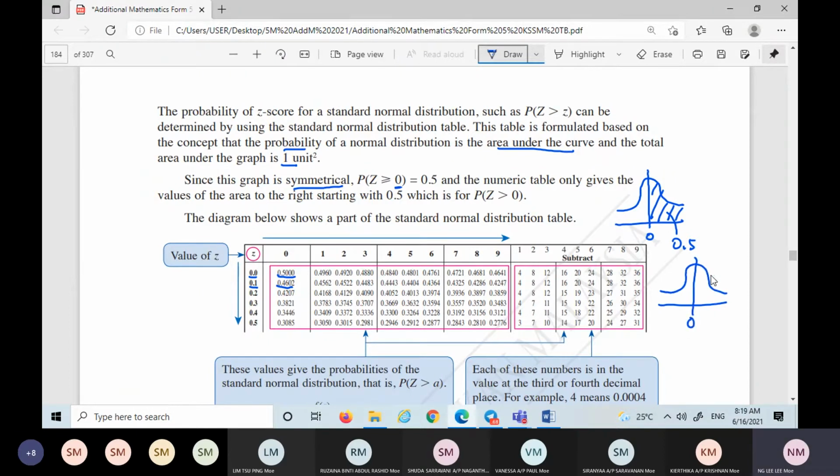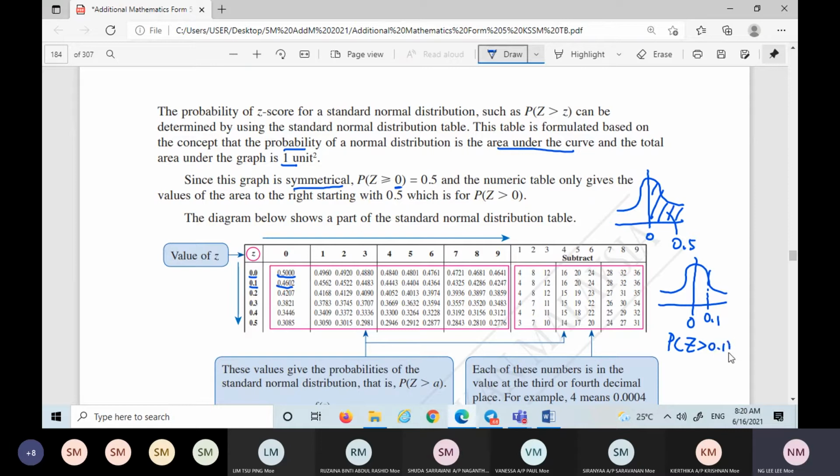Here is 0, so 0.1 is somewhere here. This table reads for Z greater than small z, which now is 0.1.